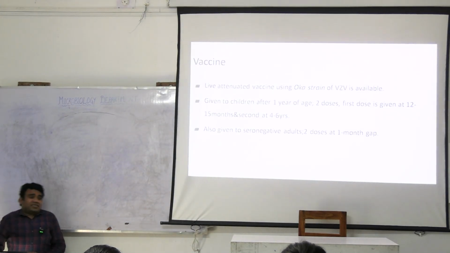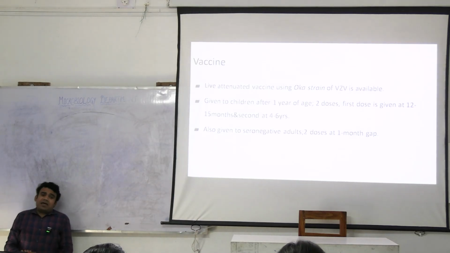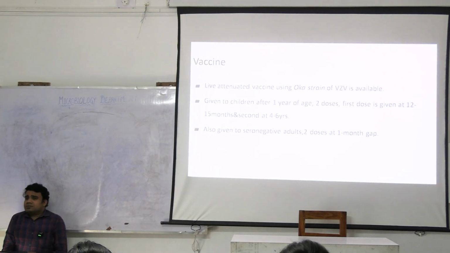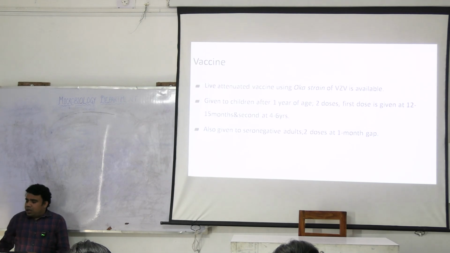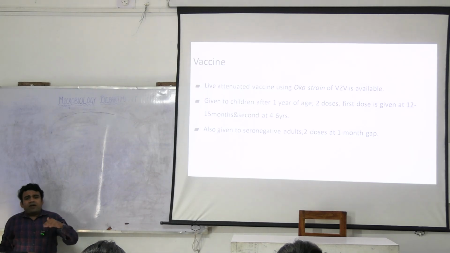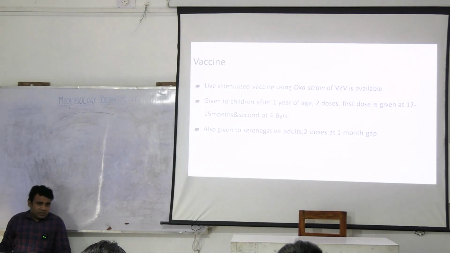Now coming to vaccine. Varicella is a vaccine preventable disease. The vaccine that is given is a live vaccine, and the vaccine is by Oka strain. It is given in childhood, and it can also be given in adults who are not vaccinated or who have not had the infection previously.